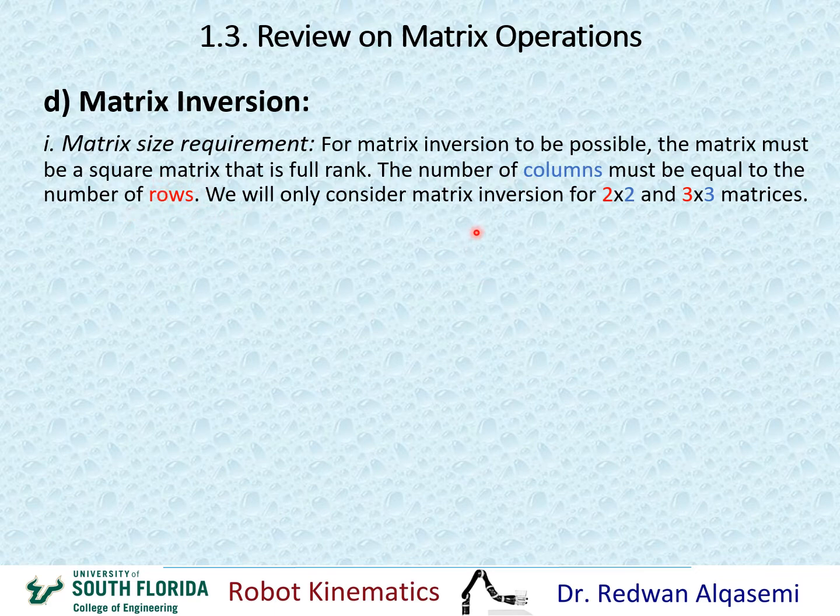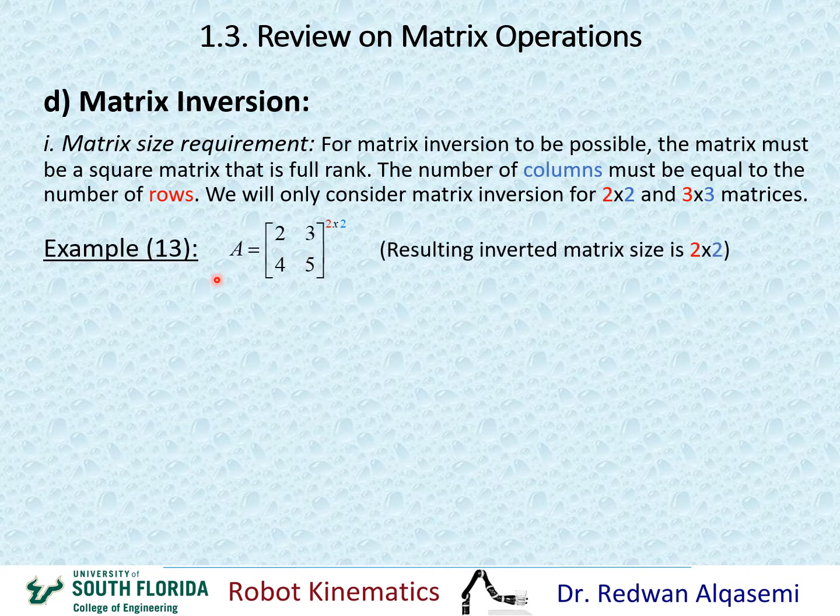And for this particular course, we're going to focus only on inverting a 2 by 2 matrix and a 3 by 3 matrix. Okay. Of course, higher order matrices can also be inverted. It can be more complicated and it gets really difficult and lengthy as the number of rows and columns increase. Okay, so let's take a couple of examples on the size requirement.